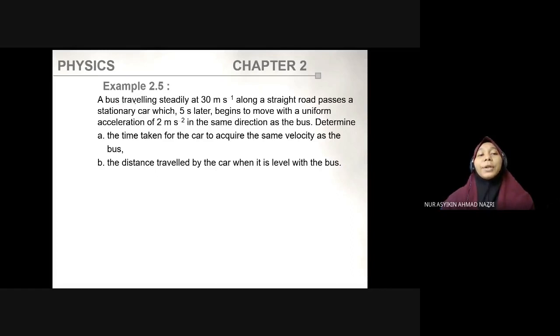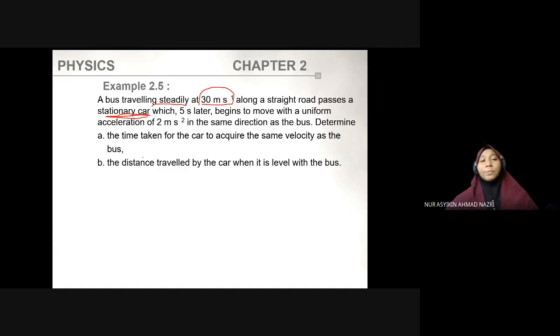Next, we have a second example on a bus. Bus travelling steadily. There's a hint here. What does steadily mean? It means it moves without acceleration, so this is uniform velocity. Along a straight road passes a stationary car, which 5 seconds later begins to move.